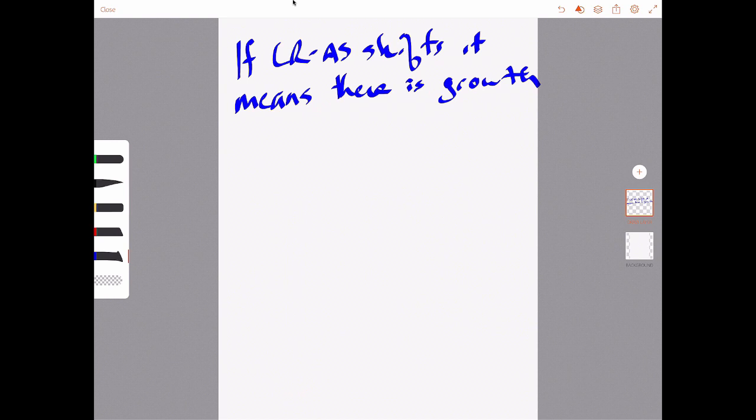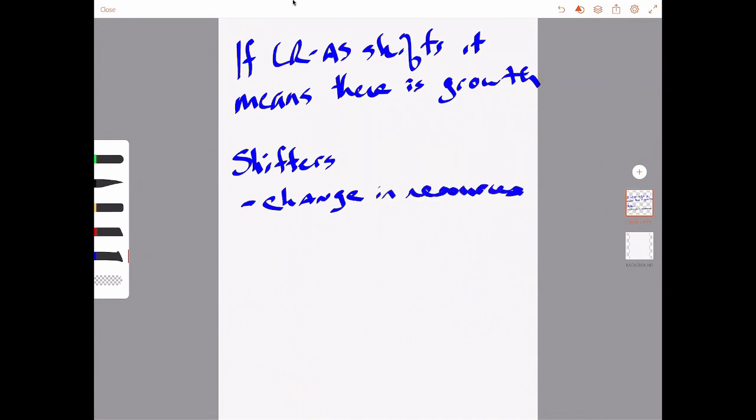So what are some of the things that cause that curve to shift? Well, we're going to talk more about these things in the next chapter, but I just want to give you a short list of them here. These are the things basically that cause economic growth. One of them, and probably the oldest way of thinking about economic growth, was to have a change in resources. If you want to produce more things, you're going to need more inputs or more resources, more land, labor, capital, in order to produce those things.